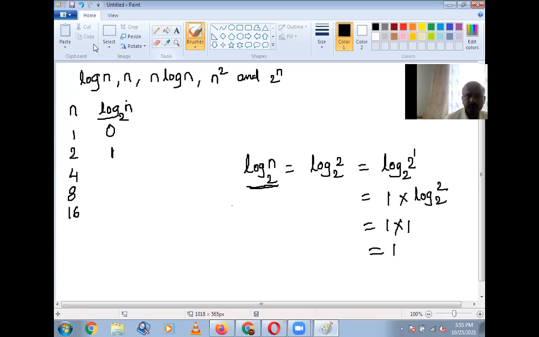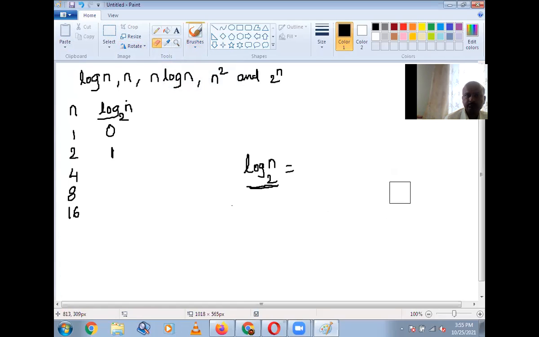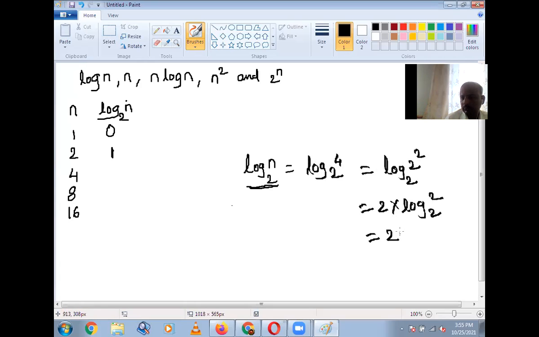Then we'll put value of n in this formula, that is log base 2 of 4, that means here log base 2 of 2 raised to 2, that means 2 into log base 2 of 2, that is 2 into 1, we'll get 2.